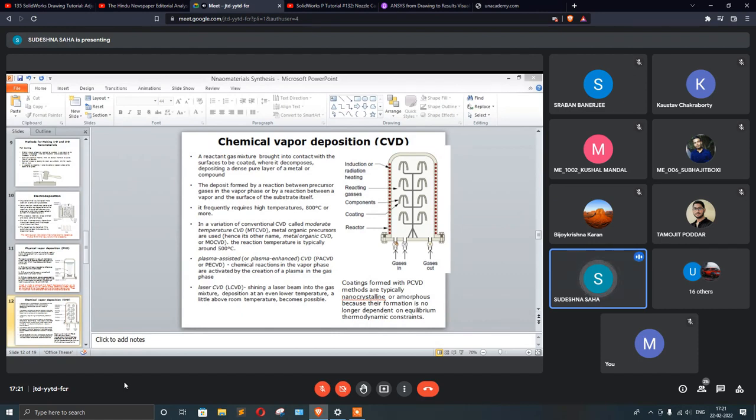And as I was mentioning, you can use chemical vapor deposition to create artificial diamonds. Probably a lot of you know that diamonds can now be created in the lab, and this is a basic method of creating artificial diamonds.